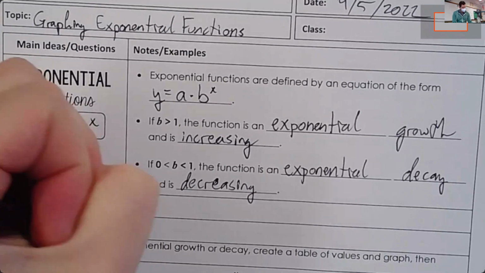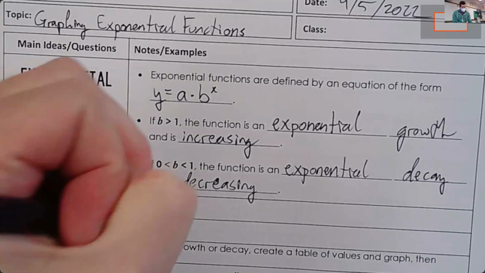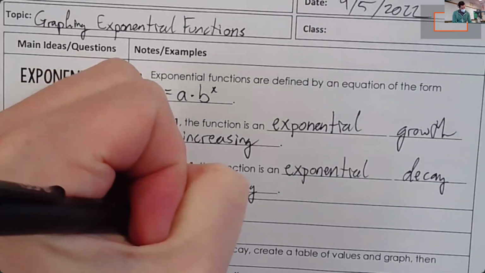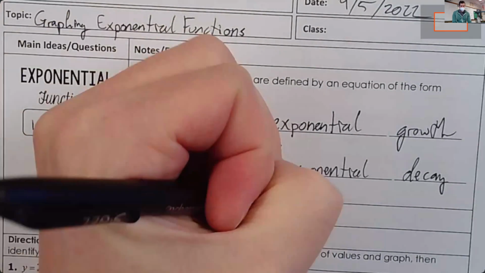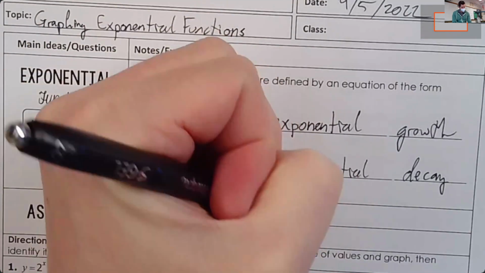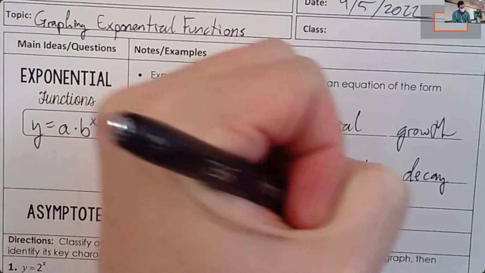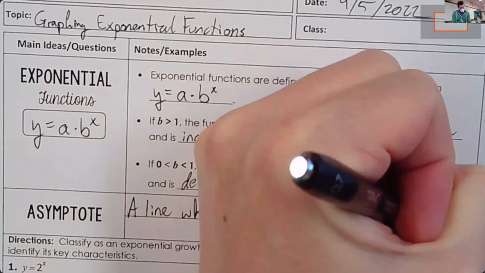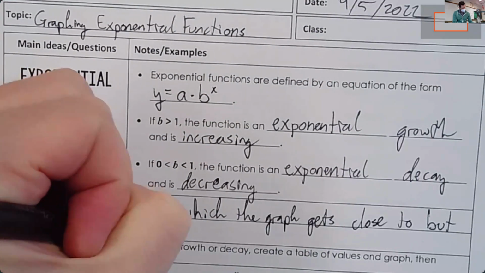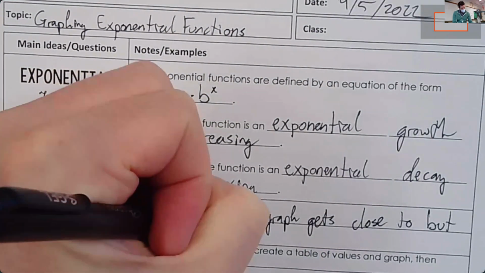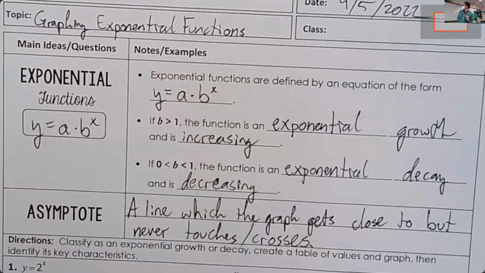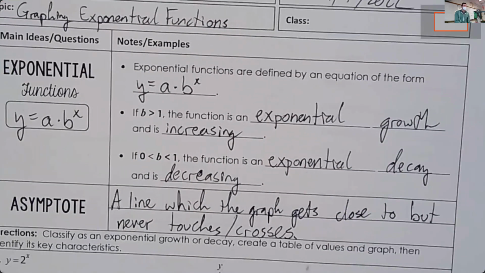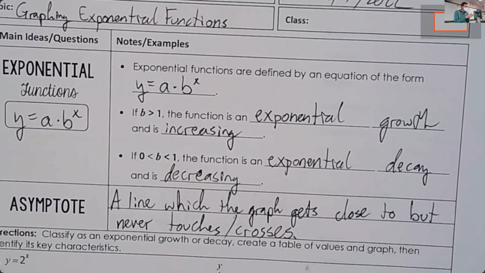It's a line which the graph gets close to, but never touches or crosses. So it'll get super close to that particular number, but it will never actually equal that number or cross over that number.